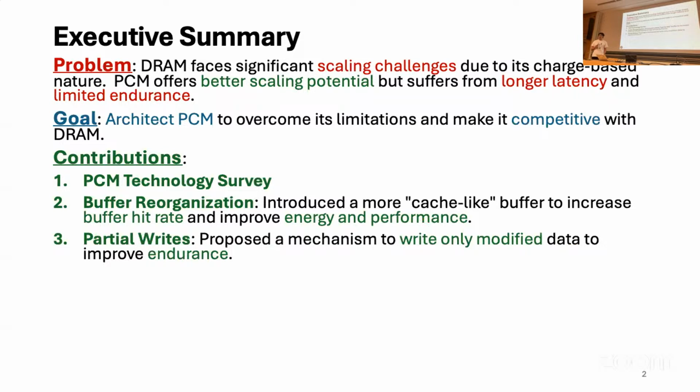The last major contribution targets the limited endurance problem, and the authors propose a mechanism to keep track of which data in a row has changed and avoid unnecessarily writing back data that has not changed, to improve endurance.